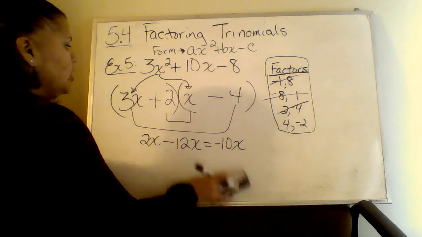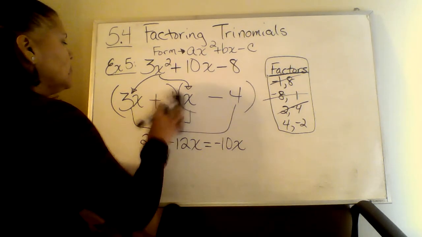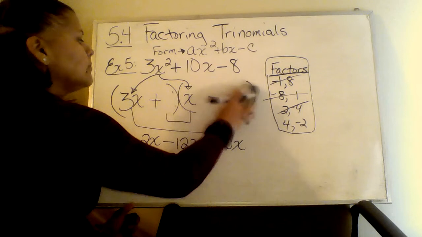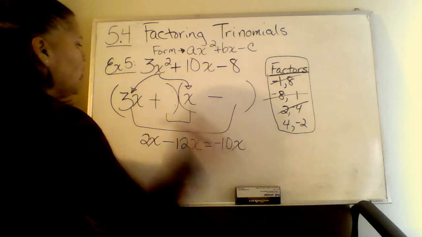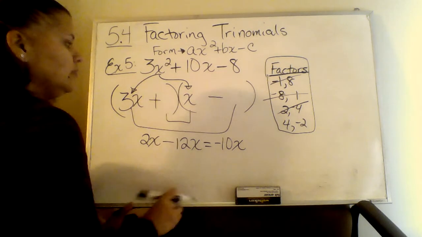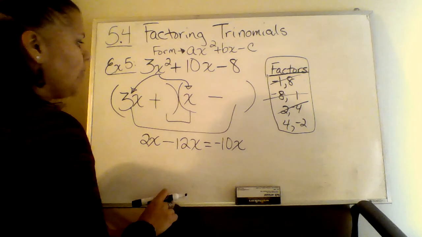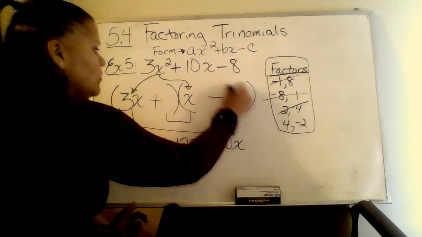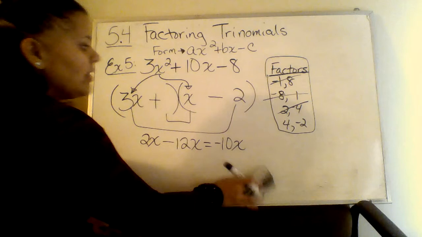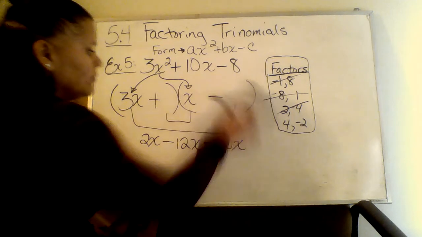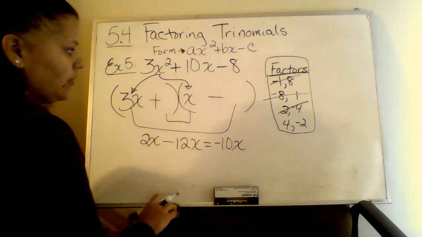I have a feeling that one's going to be the one. So now let's change them. So let's say I put my negative 2 right here. Well, I want it to still be 10. All right, that 10 did work.